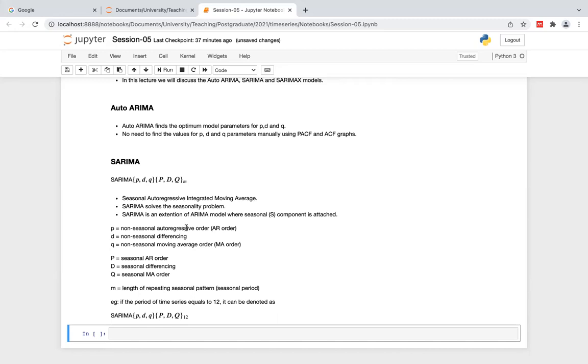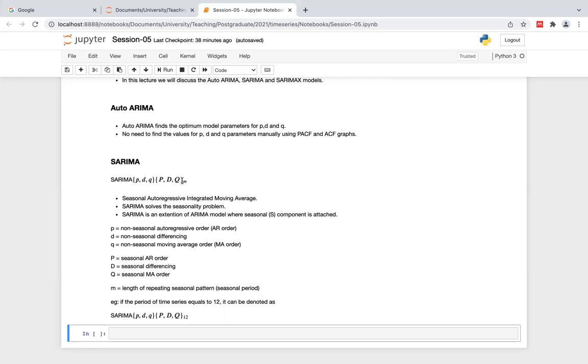Then the existing three parameters of the SARIMA model are already there: lowercase p, d, and q. These are non-seasonal parameters, engaged respectively with autoregressive order, differencing, as well as moving average. We already discussed it, right?